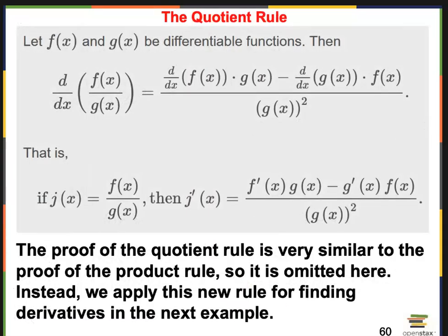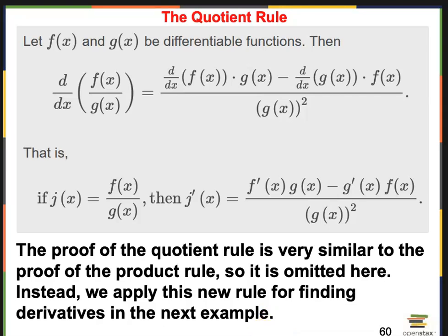Of course, we have a quotient rule, and let f of x and g of x, again, be differentiable. And I'm going to drop down here because this one sometimes is a little easier to understand. If we're taking the derivative of two functions in a quotient, then we have f prime of x times g of x minus g prime of x times f of x, and they're both divided by g of x squared.